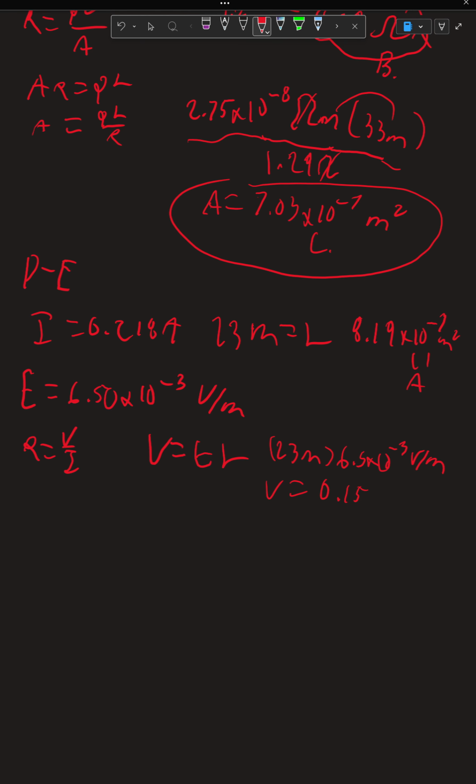So now we have volts. We found the resistance. All we have to do is 0.15 over the amps. Amps is right over here.